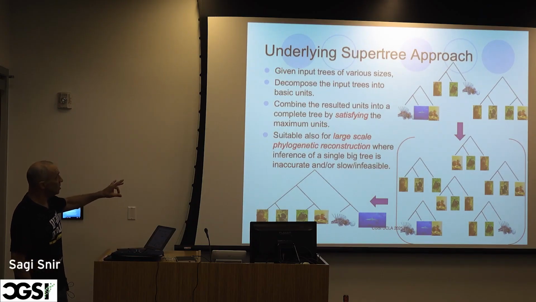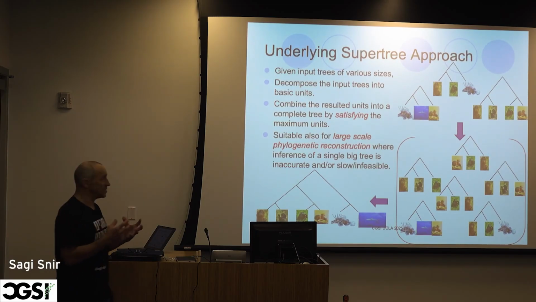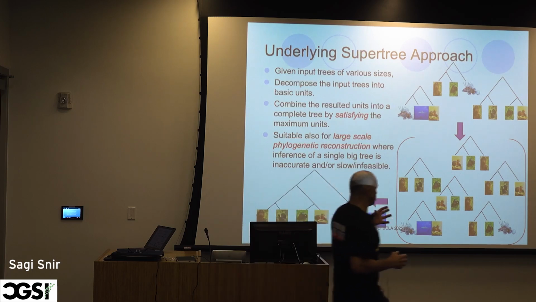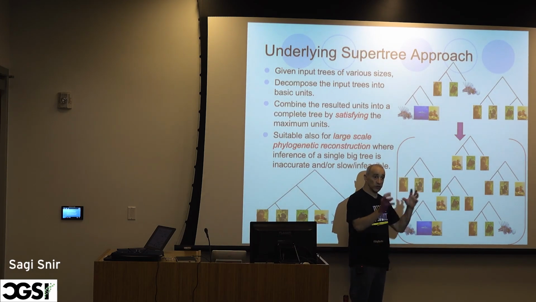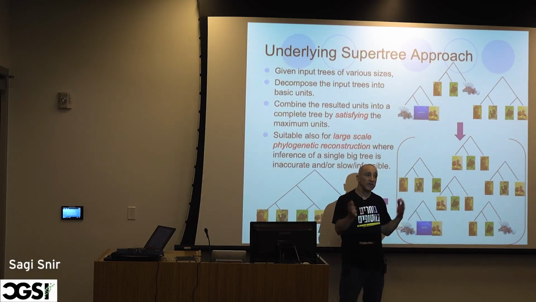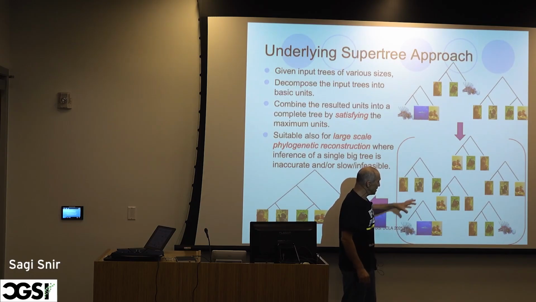So this is not all. Also, again, it goes to Siavash's talk that sometimes we want to construct very accurate trees over small subsets. We have millions. Siavash talked about real examples from the ground up.